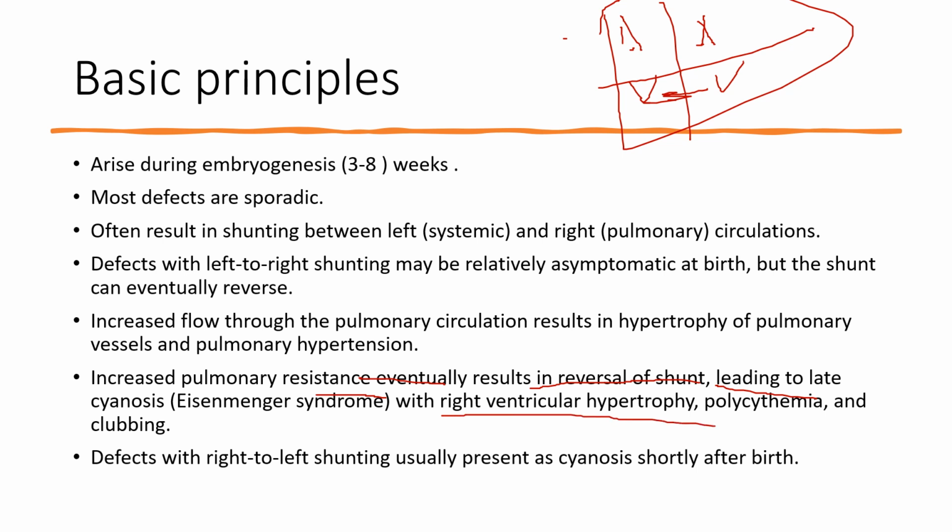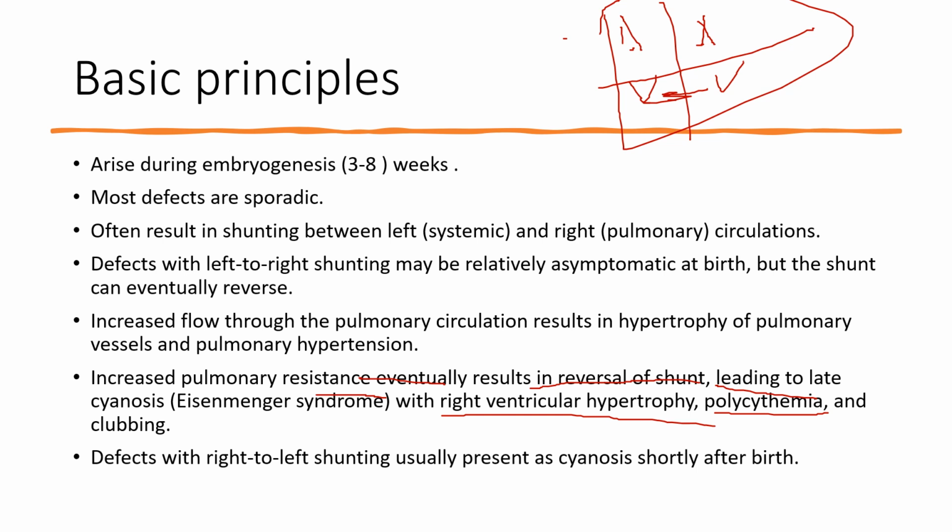Okay, polycythemia. Now, why do we have polycythemia? So, guys, polycythemia is basically an increase in the RBCs in the blood. Why does this happen? Because not enough blood is being pumped by the left side of the heart.